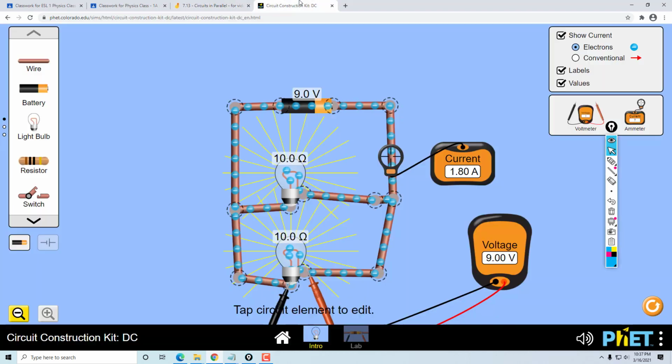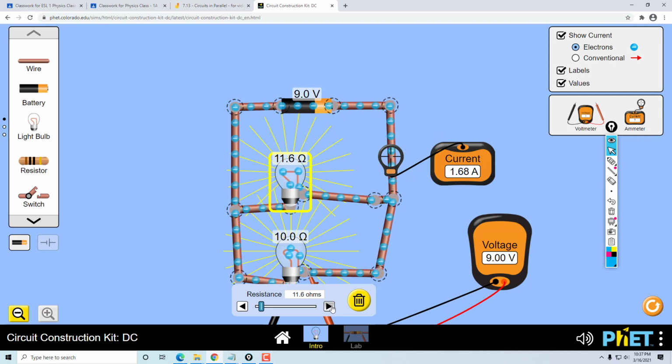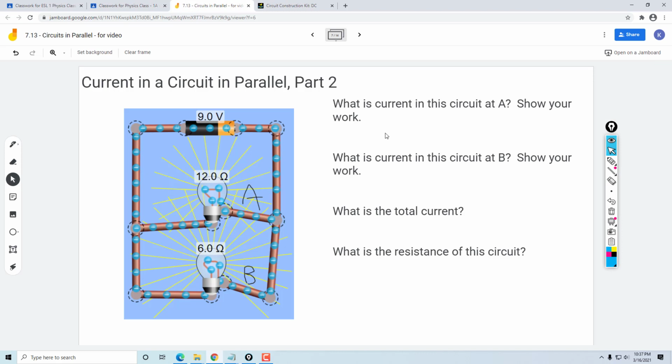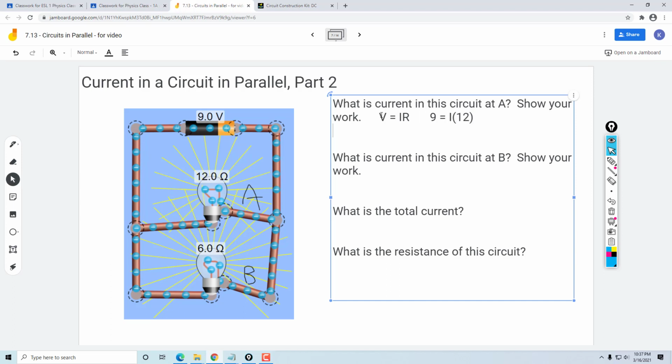One more example. This time, this is 12. And this one is 6. Let's see. So V equals IR. Voltage is 9. Current we don't know. Resistance is 12.